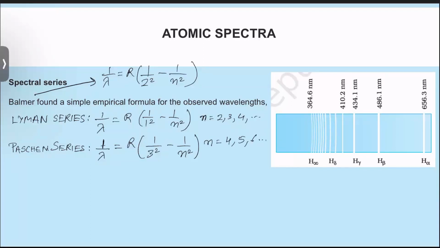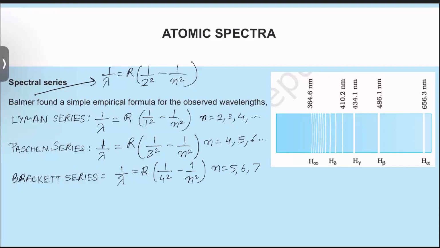Then you have the Brackett series. Your Brackett series is going to be 1 upon lambda is equal to R into 1 upon 4 square minus 1 upon n square. And you can see that n keeps changing progressively.